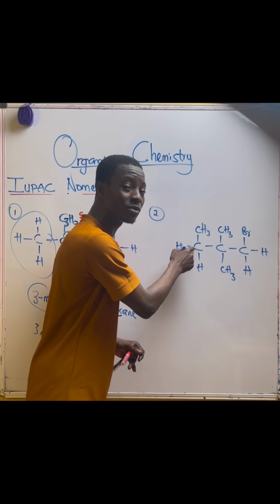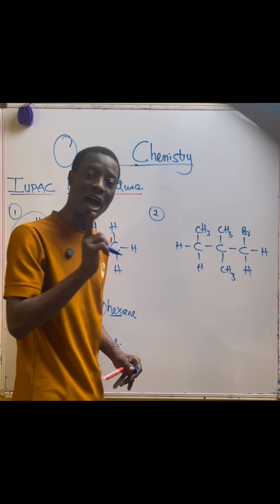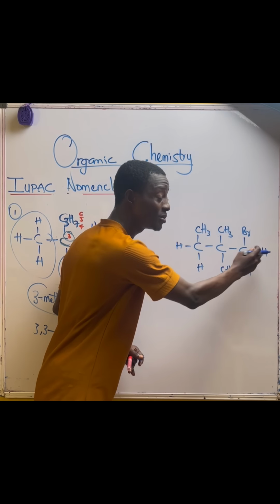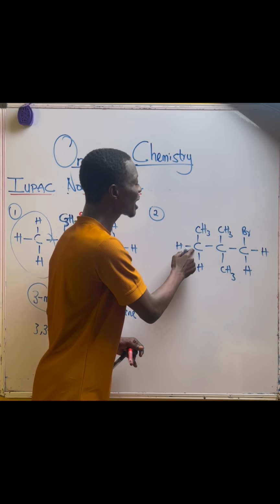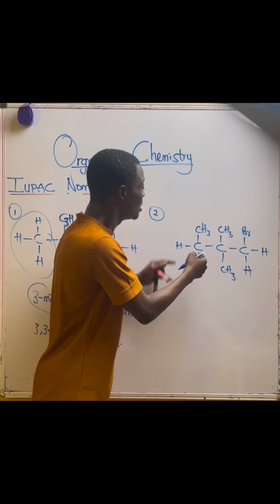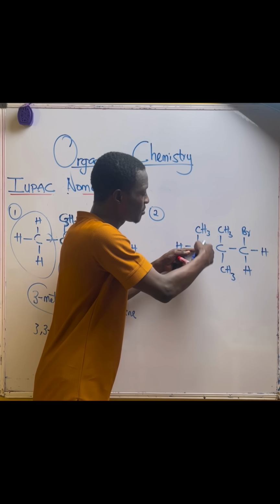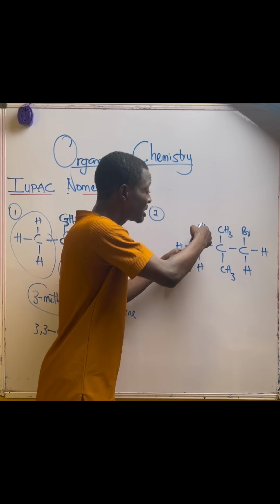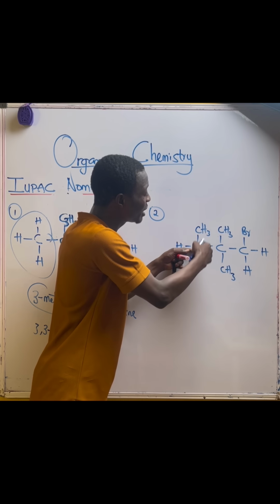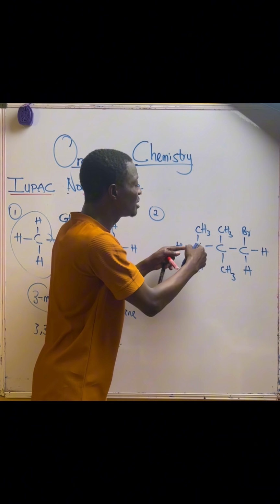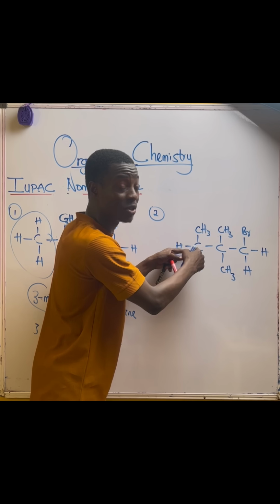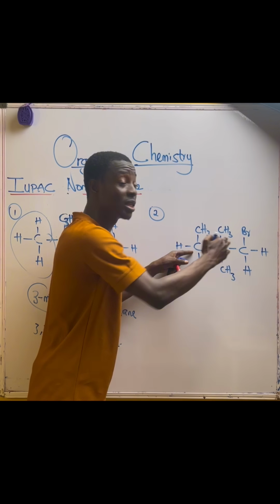Why can't I count the longest chain from this carbon? I cannot use this carbon to start counting because this carbon is not the one starting the chain. There is a chain connected to this carbon, which is this one here. This one is connected to this carbon atom. Hence, this one cannot be the first carbon that you're counting when counting the longest carbon chain.